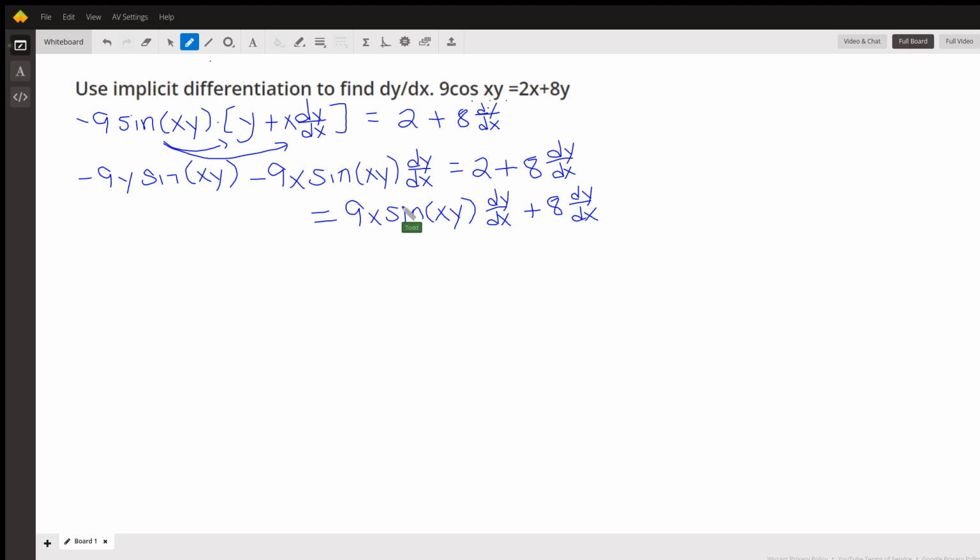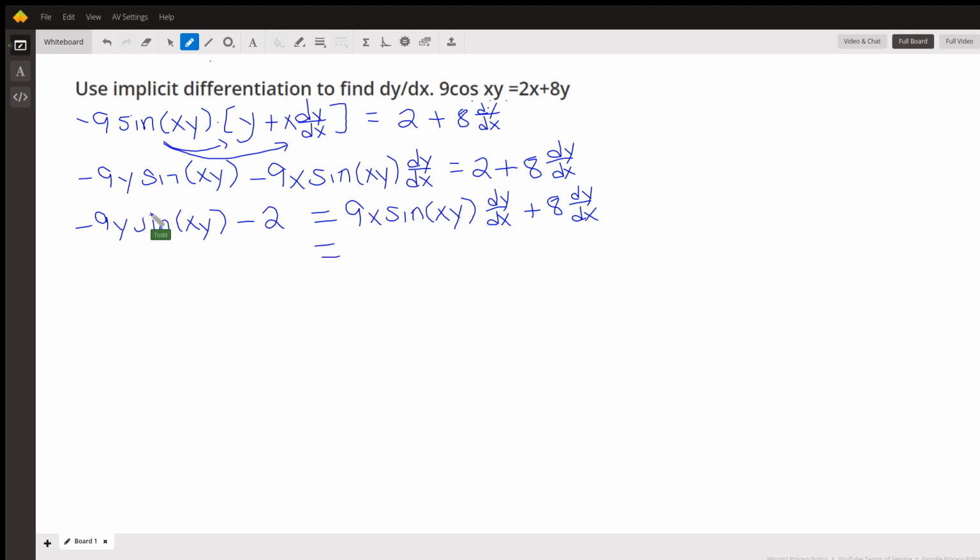So all my dy/dx's are on the right. Now I need to get everything else on the left. The negative 9y sine of xy is already on the left, and it does not have a dy/dx attached, so I leave it there. That positive 2 on the right, I need to get over on the left as a negative 2. It's like I'm subtracting 2 from both sides. Now I have everything with a dy/dx on one side and everything else on the other side.